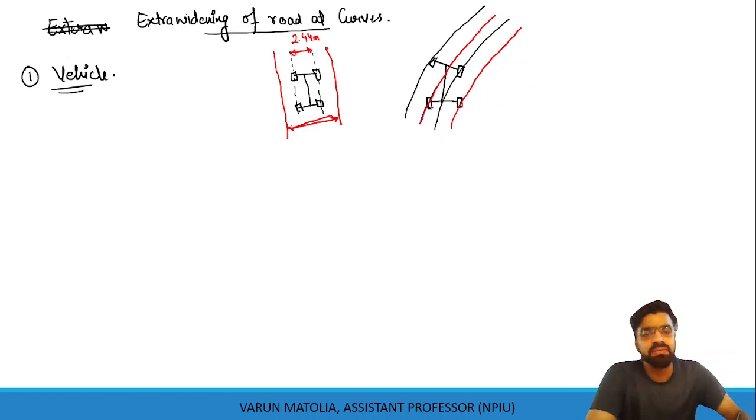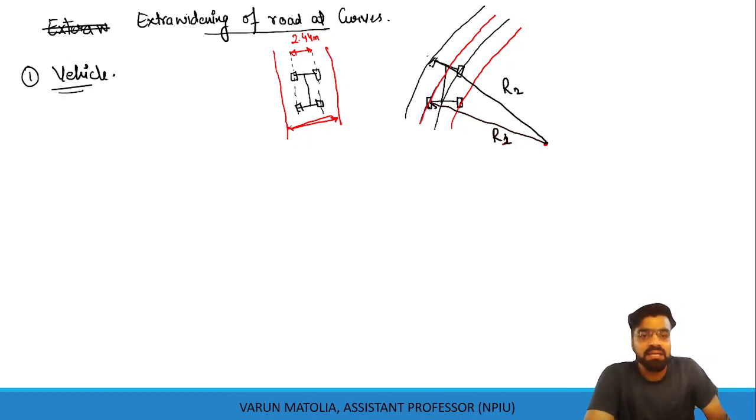So let us say the radius of the inner wheel, because we are moving on a curve, we'll call it radius R1, and the radius of the outer wheel, let's call it radius R2, and the distance between these two points is the length of the vehicle, L. If we see this is a right angle triangle, we can write R2 square is equal to R1 square plus L square.